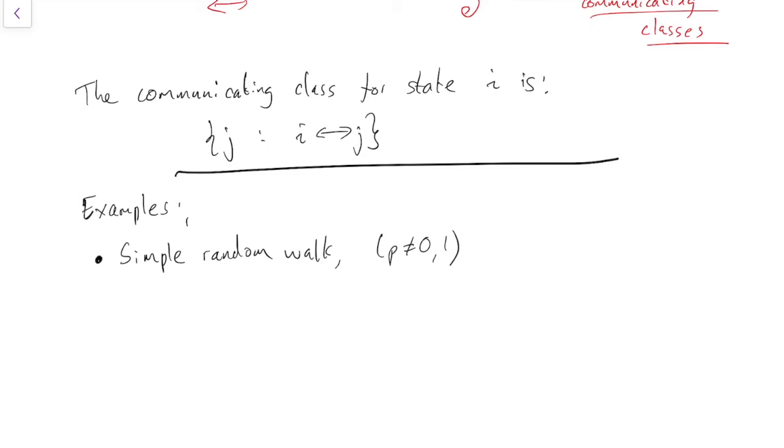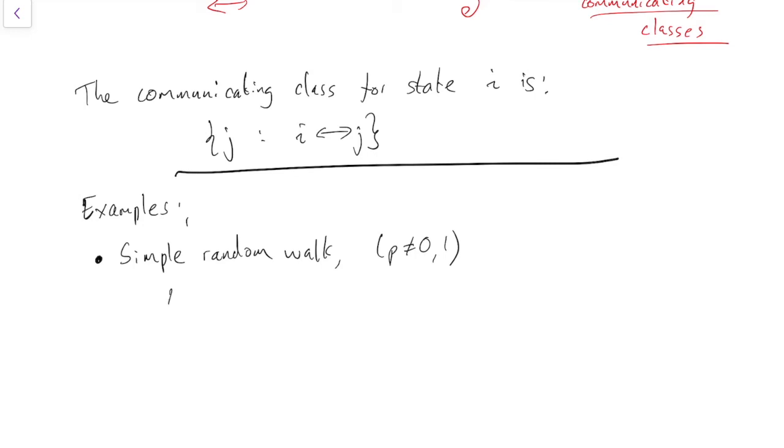Because if we want to get from 2 to 7, you have to go up 5 steps, which might happen. It happens with probability p to the 5. If you want to get from state 11 to state 4, you have to go down 7 steps. That happens with probability q to the 7, so that's positive. So basically, from any state, we can get to any other state just by going straight there with some positive probability. It might be a very small probability, but it's certainly positive.